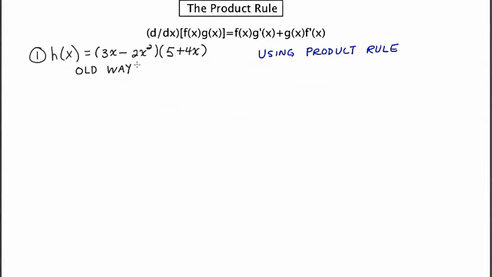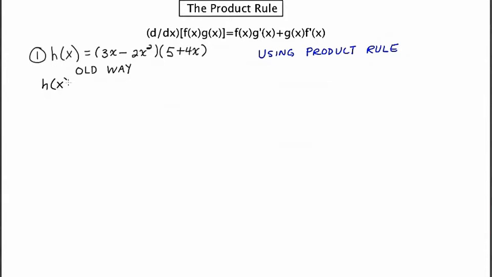So we start off with an example of two functions being multiplied together. And what I'm going to do first is show you how we would find this the old way from our last lesson using just the power rule. So I'm going to start by just rewriting this and foiling it at the same time.